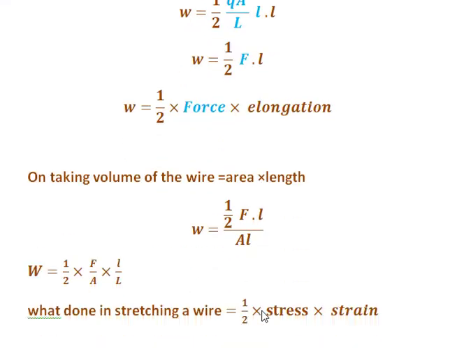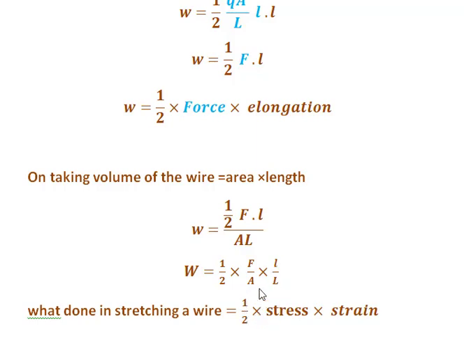So we get half of force by area, small l by capital L, of force into length divided by area into capital L. So one by two is taken here. Force by area, small l divided by capital L.